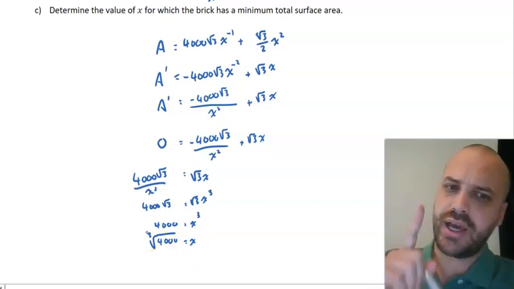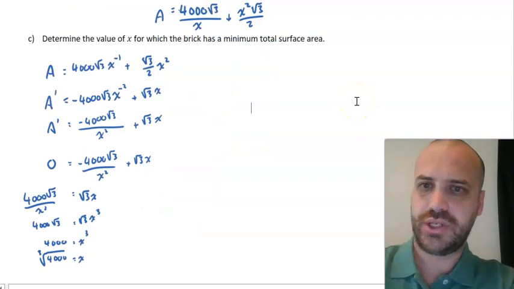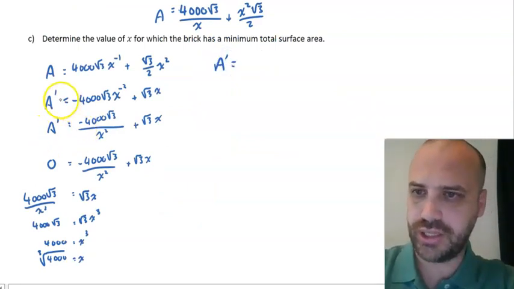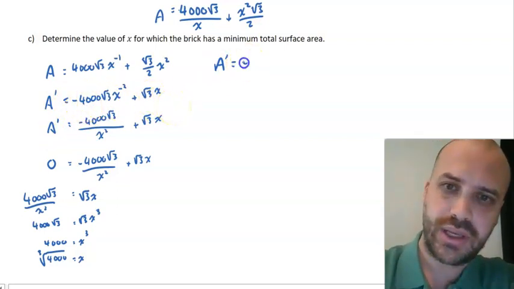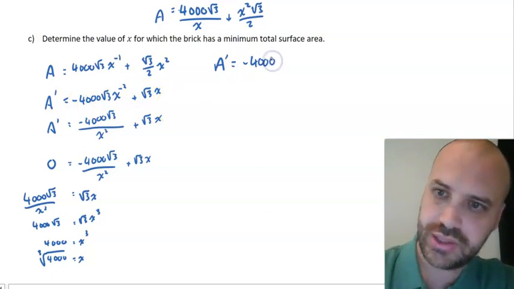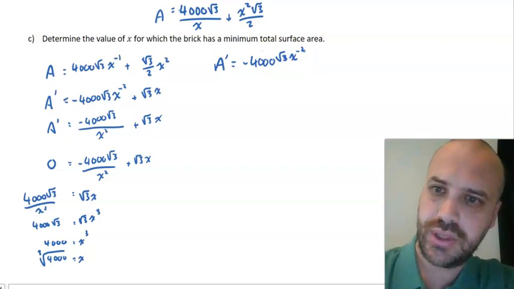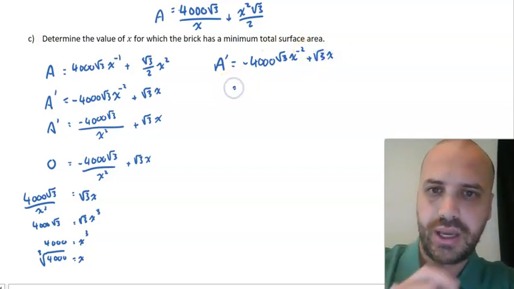But how do I know it's a minimum? For that, we're going to want our second derivative. So A dash was equal to, let's write it in this form because that's definitely the easiest one to deal with, negative 4,000 root 3 x to the negative 2 plus root 3 x.